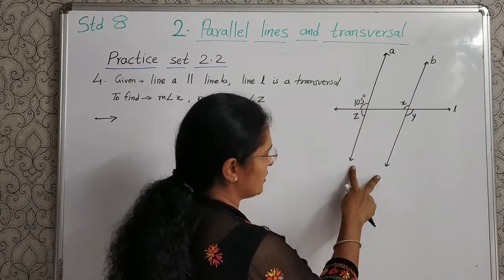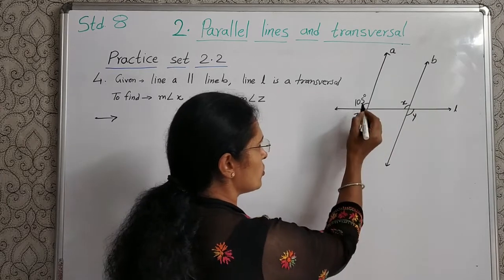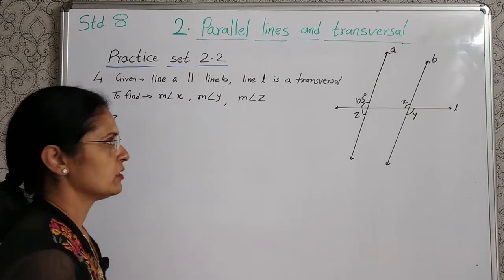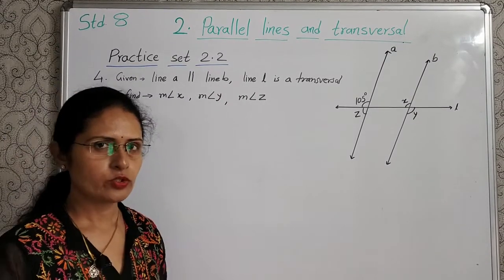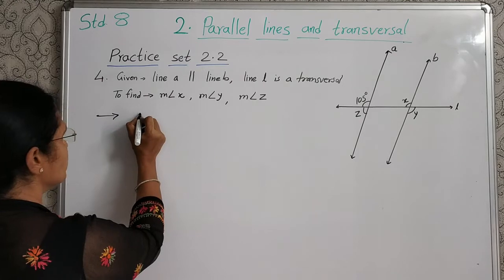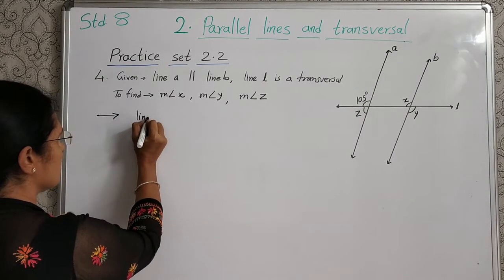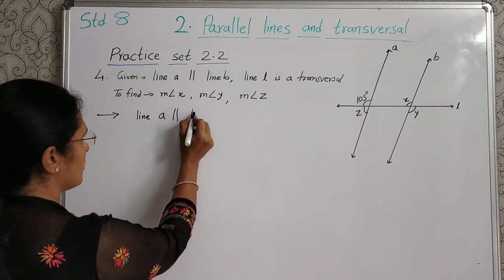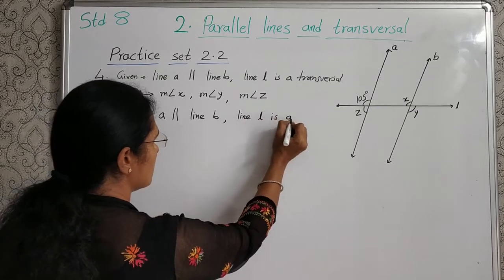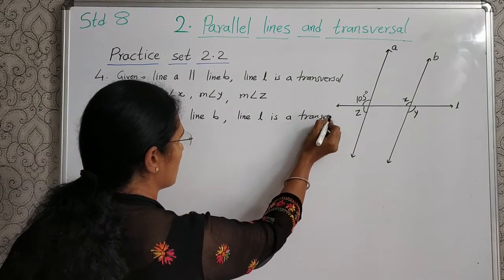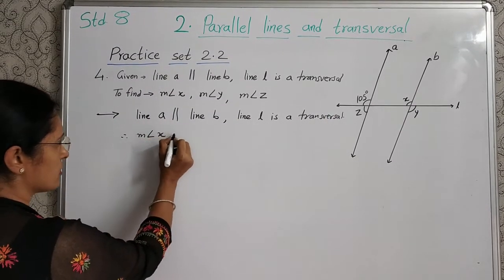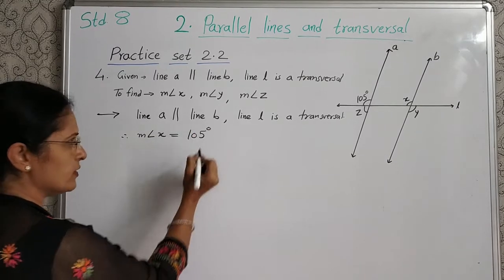Now these are the two parallel lines and this is the transversal. So 105, this angle and angle X are corresponding angles, and you know that the corresponding angles formed by two parallel lines and their transversal are congruent. Therefore here we'll write line A parallel line B and line L is a transversal, therefore measure angle X is equal to 105 degree.